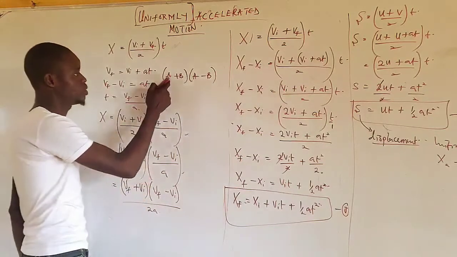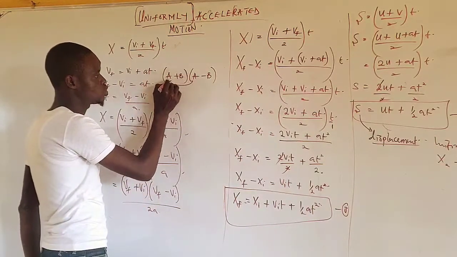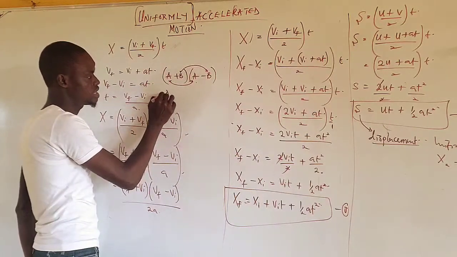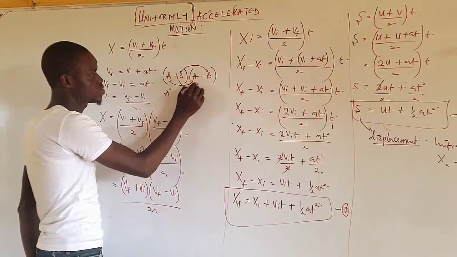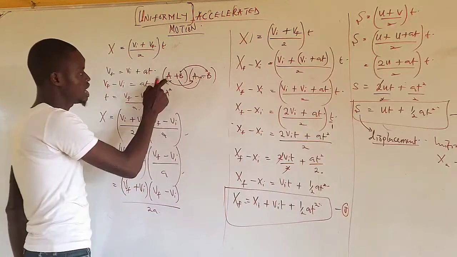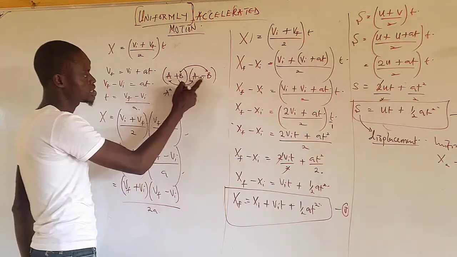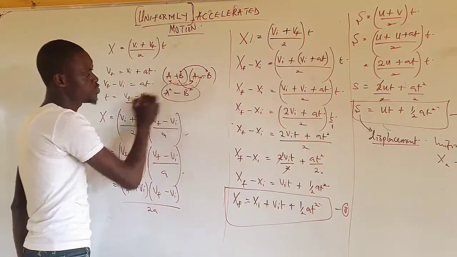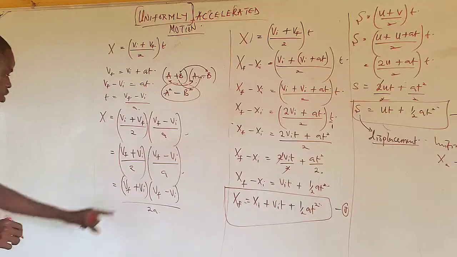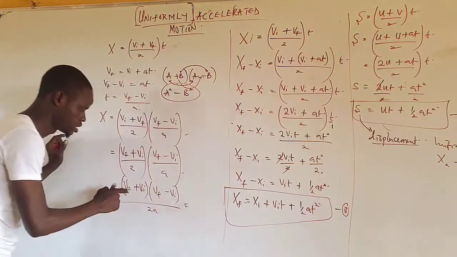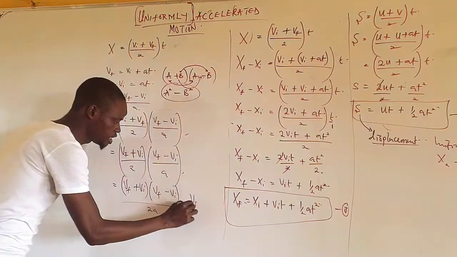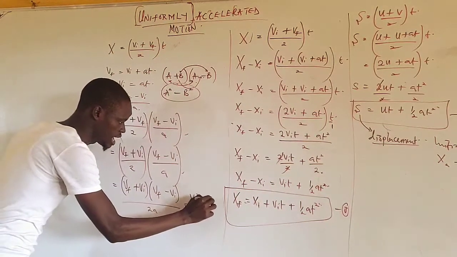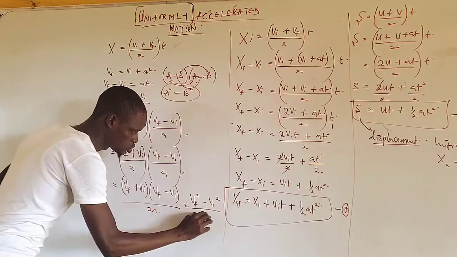So a multiplied by a gives a squared, and the sign will multiply the sign: plus times minus gives minus, and b times b gives b squared. This is the difference of two squares. So from here we can replace this: Vf times Vf gives Vf squared, plus times minus gives minus, Vi squared, all over 2a.